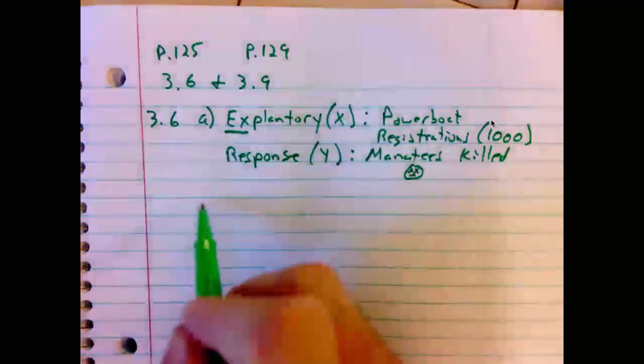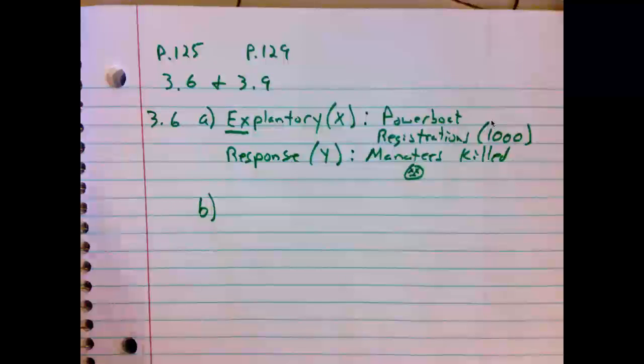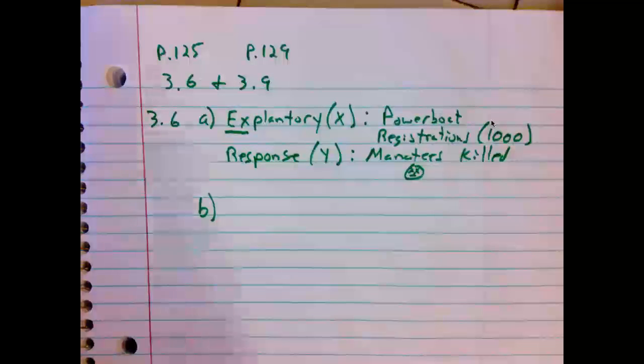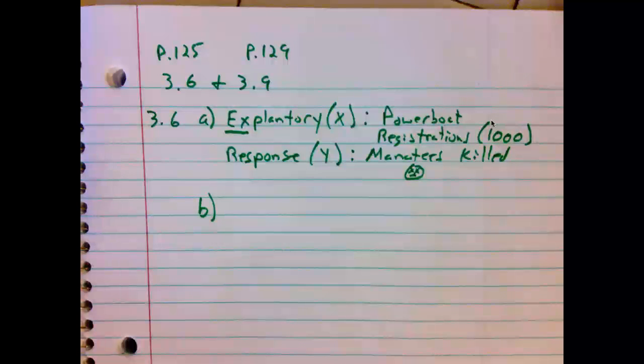Part B. Make a scatter plot of these data. Be sure to label the axes with variable names, not just X and Y. What does the scatter plot show about the relationship between these variables? Alright, pause the video at this time and enter powerboat registrations in list 1 and manatees killed in list 2.